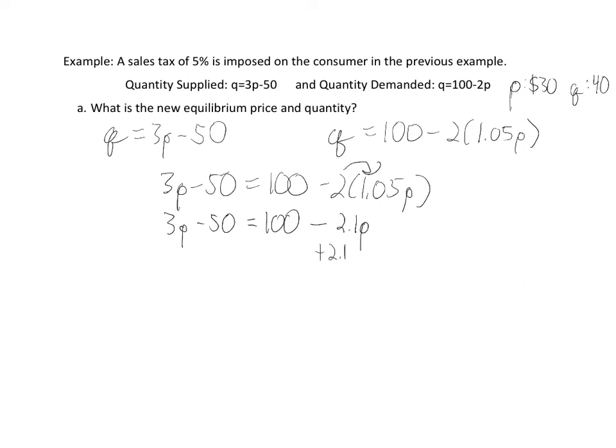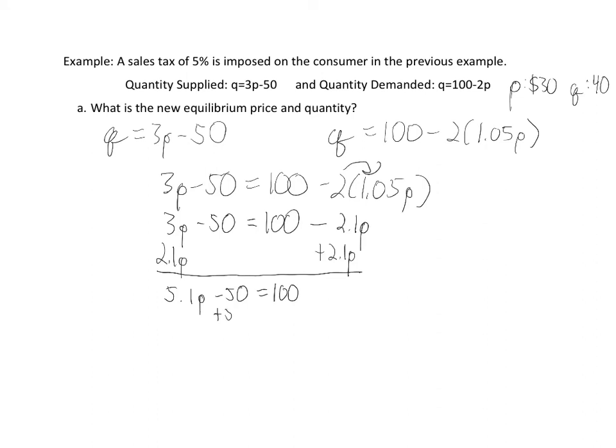We're going to add that 2.1P over, so 5.1P minus 50 equals 100.